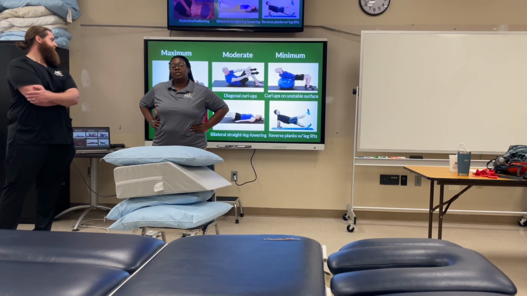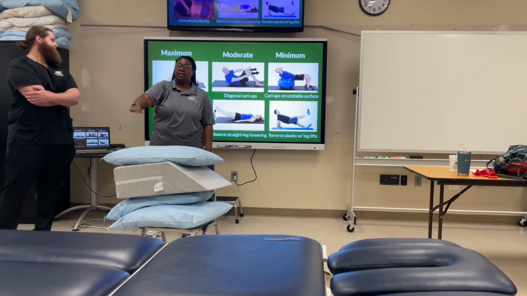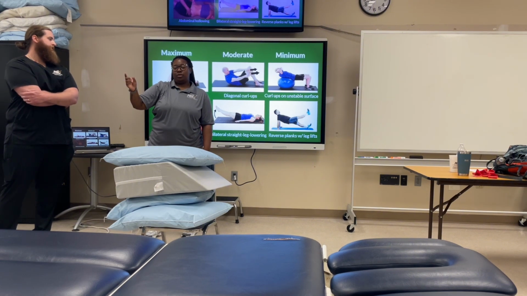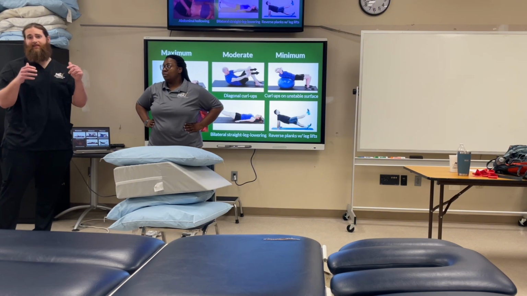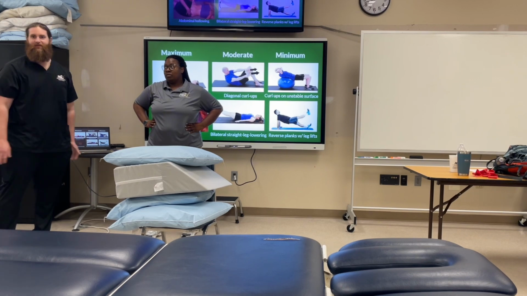I would regress it by changing the angle. So don't go as high as 90 degrees, because you're supposed to go to 90 and then drop down. The lower the angle of your hips, the less you'll have to work and contract those muscles. You could also bend the knees up. That would be less strain than having the legs all the way out, with gravity on your whole legs.